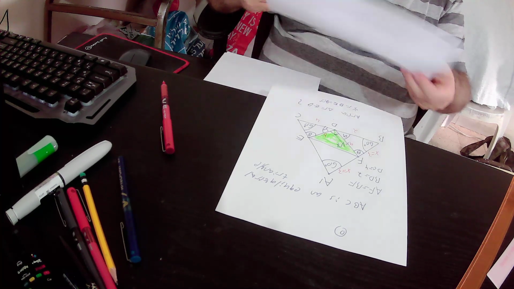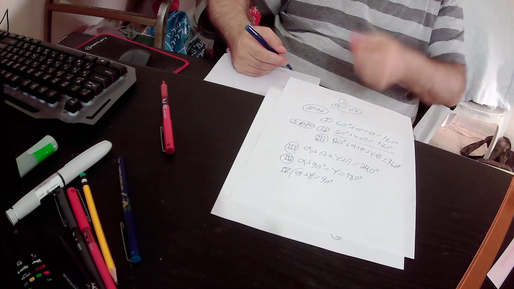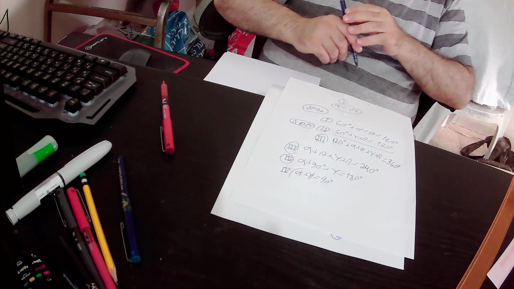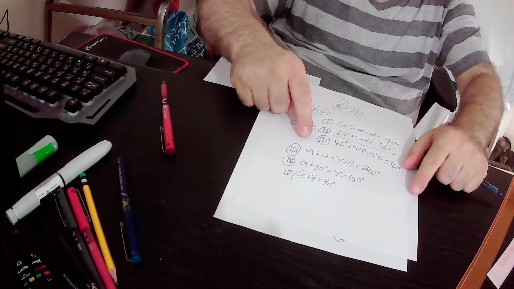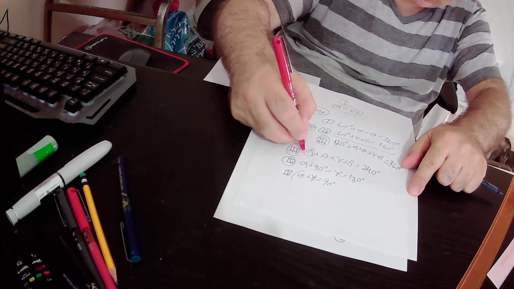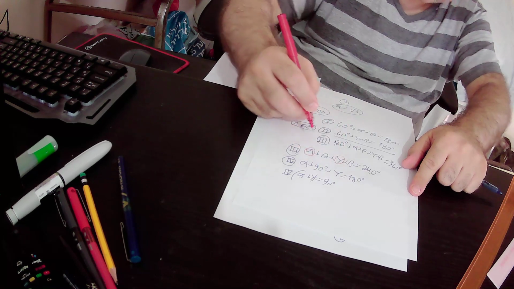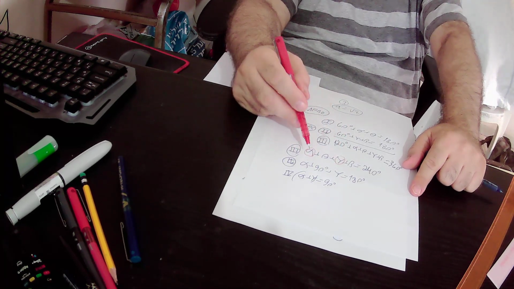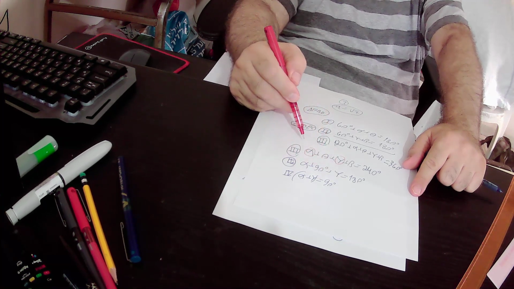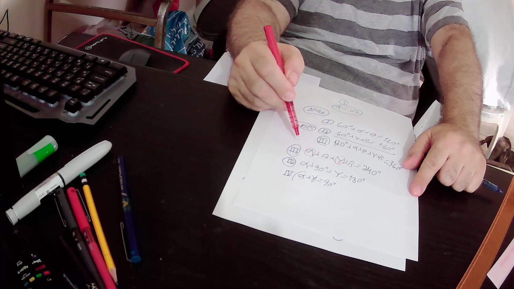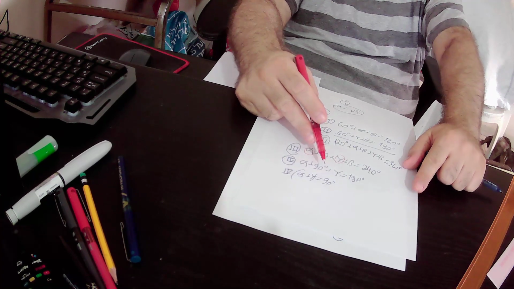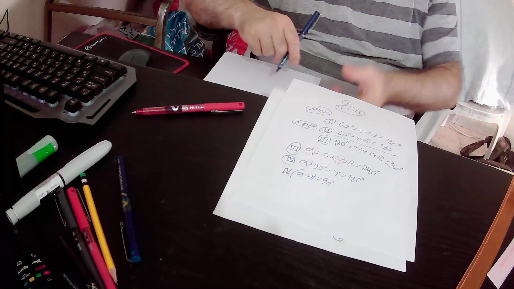According to our fourth equation, alpha plus gamma equals 90 degrees. But we also have alpha plus gamma in our third equation, so you can substitute alpha plus gamma by 90 degrees.